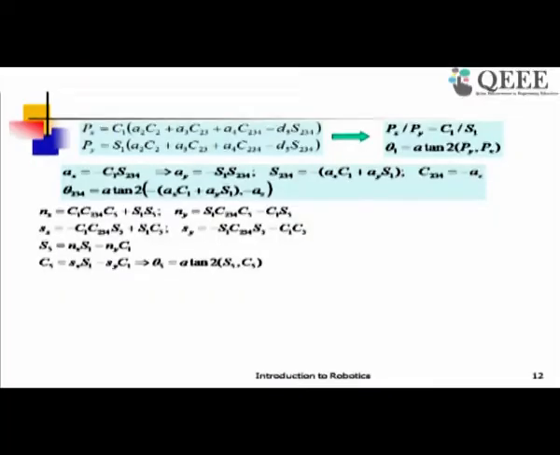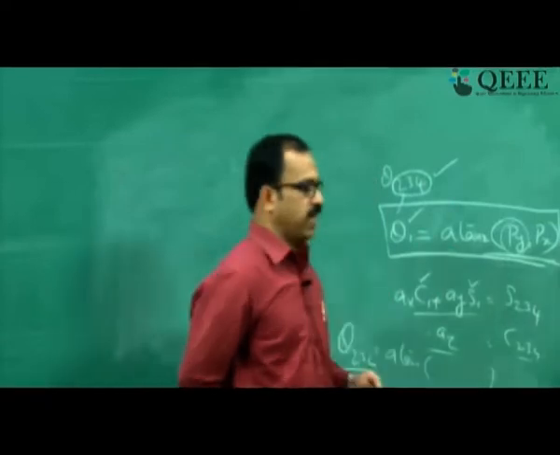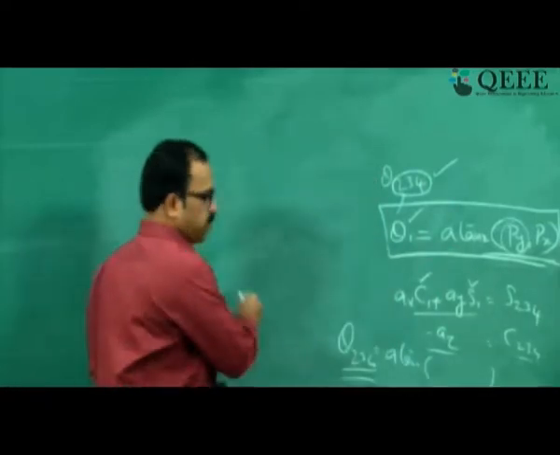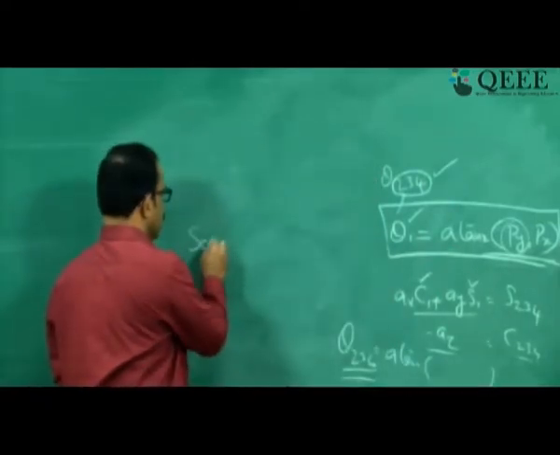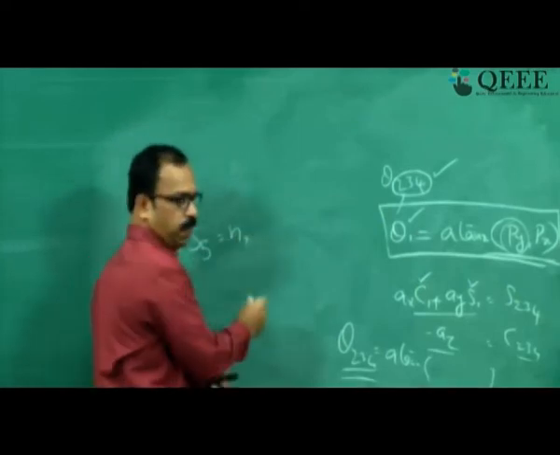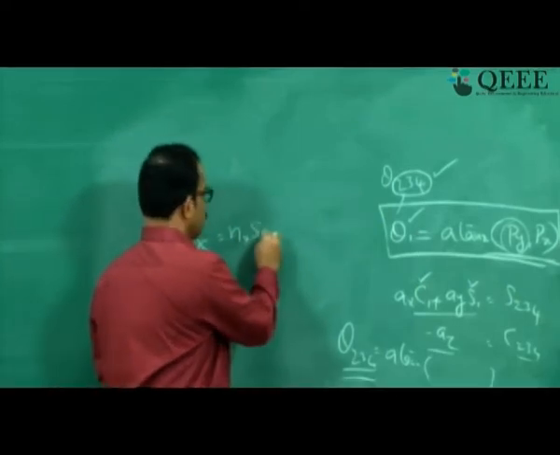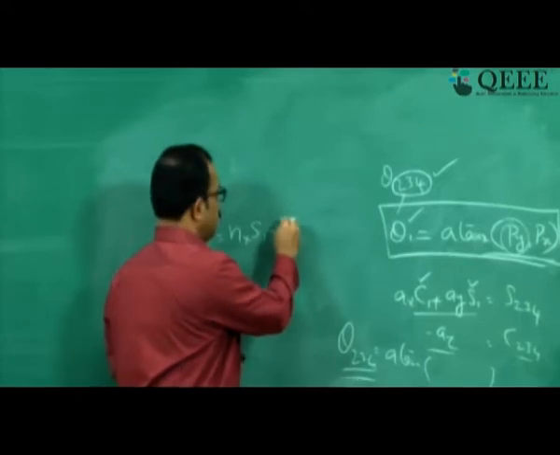Okay, now we go to the solution of theta phi. Because again from nx and ny, you look at the equation, nx is equal to something and ny is equal to something. Similarly, sx is equal to something, sy is equal to something. We can write sy is equal to nx s1 minus ny c1. So we can write s5 as nx s1 minus ny c1.